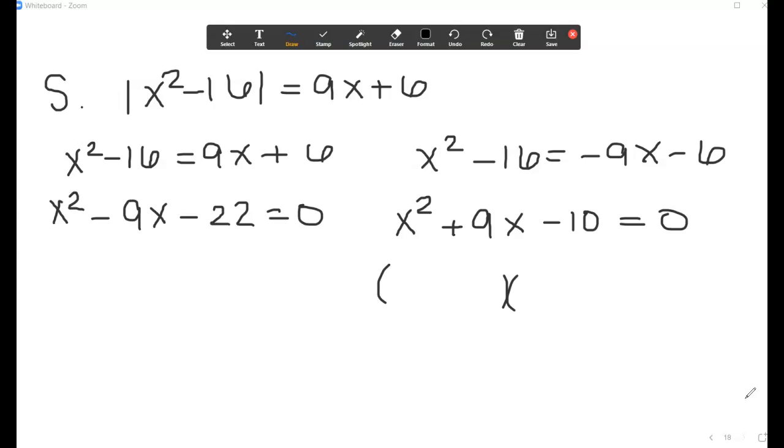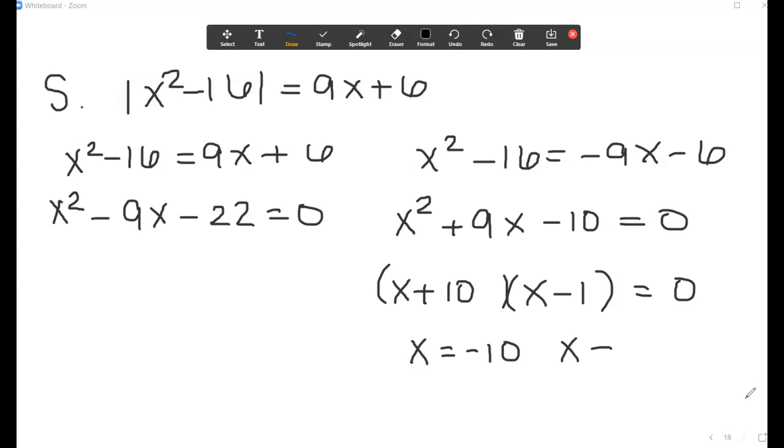So then we'd factor them. You get your negative 10, positive 1. And then over here, you got 11 and 2.